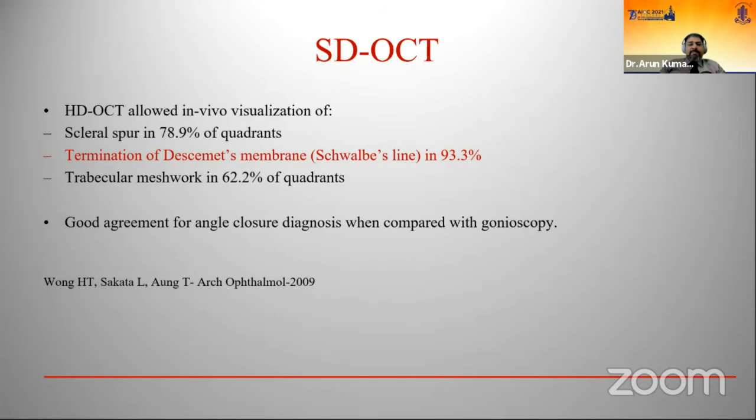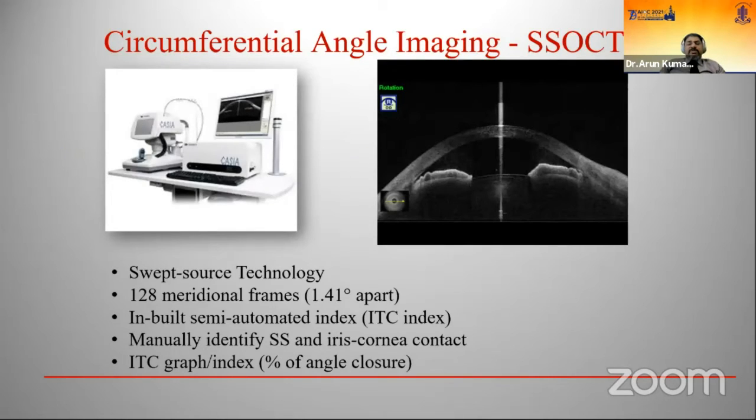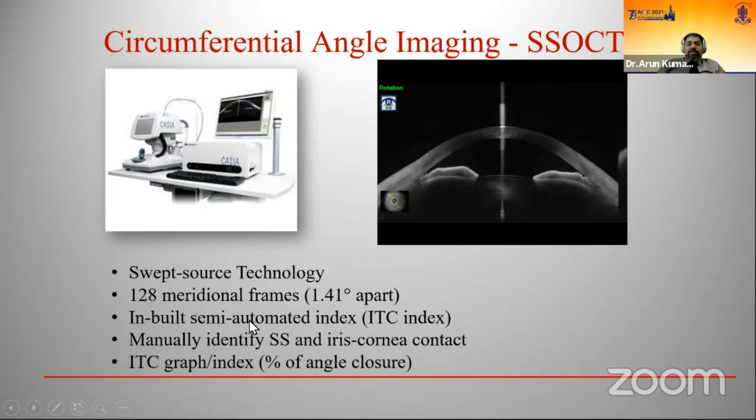to be used widely. Circumferential imaging was another aspect of anterior segment imaging which was thought to be lacking, because what the prior AIOC technologies gave us was just a 10 to 20 micron cross-section, whereas swept source technology was able to overcome that and image nearly 360 degrees of the angle.